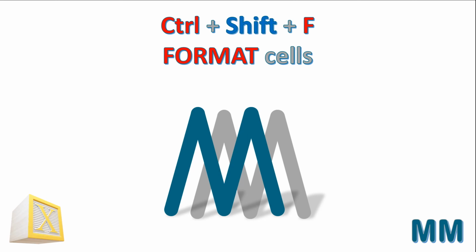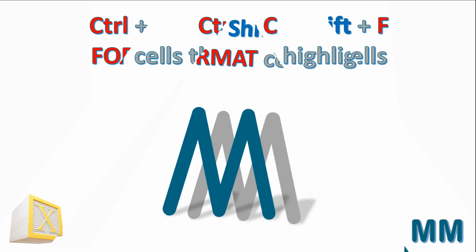You will have a pop-up window with the type of formatting, so if it's a number, percentage, currency, text, whatever, and also the layout options regarding the font type, the font size, the font options that we have from a formatting perspective. So anything related to formatting can be quickly accessed through Control Shift and F.